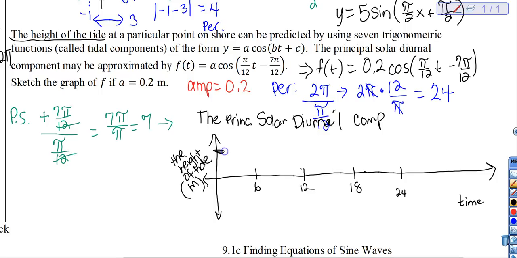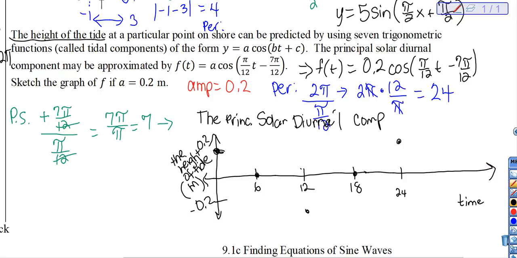And I'll just go ahead and put in my amplitude here of negative 0.2 to 0.2. And since it's a cosine function, we know it starts up at high tide, right? At 0 hours. And then it hits equilibrium at 6 hours. It hits low tide at 12, back to equilibrium at 18, and then up to high tide again at 24. Now, this would be the graph of our function if we didn't have a phase shift.